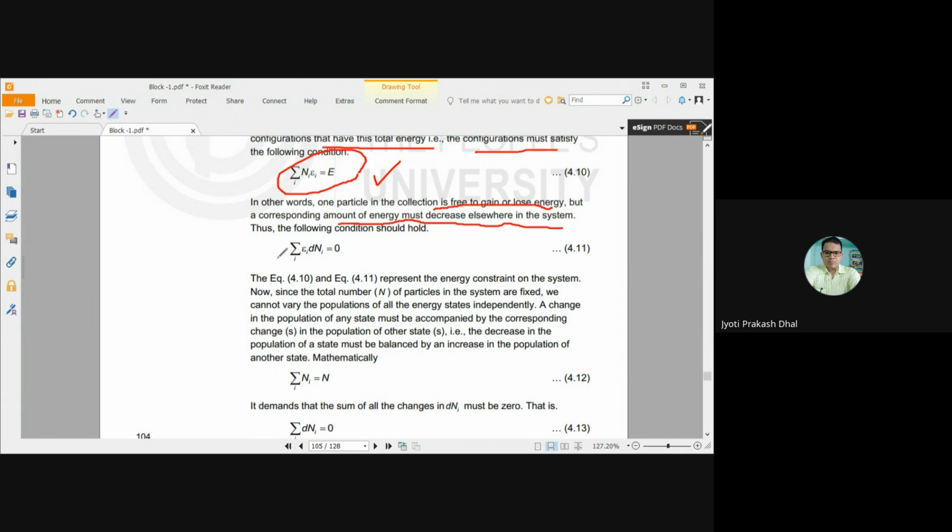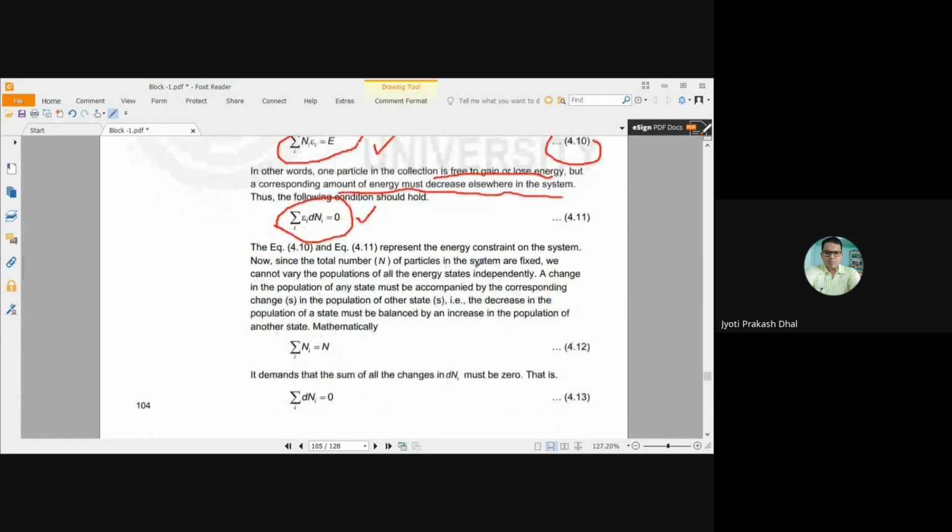Thus, the following condition should hold: summation of epsilon i dni equals 0. This is equation 12, and the previous equation is equation 10. Equation 12 represents the energy constraint on the system.